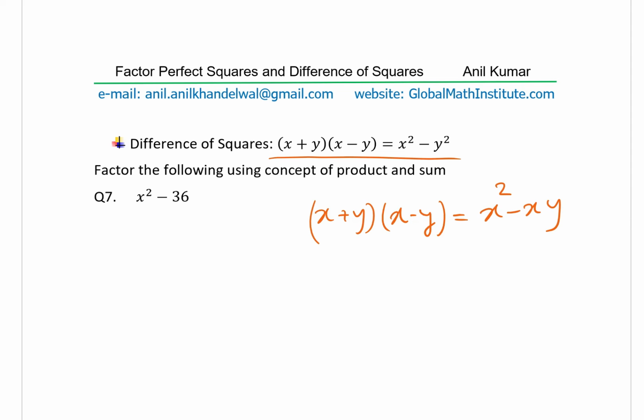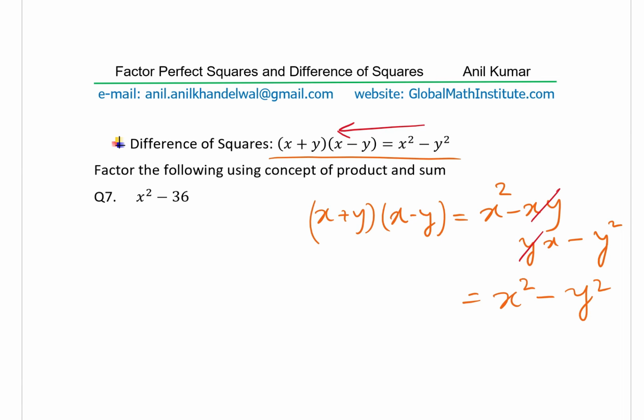And now with y, when you multiply, you get yx minus y squared. Well, xy and minus yx cancel. Perfect. And therefore what you're left with is the difference of squares of x and y. So we get x squared minus y squared. That is a great technique. We can now factor difference of squares by moving in this particular direction.